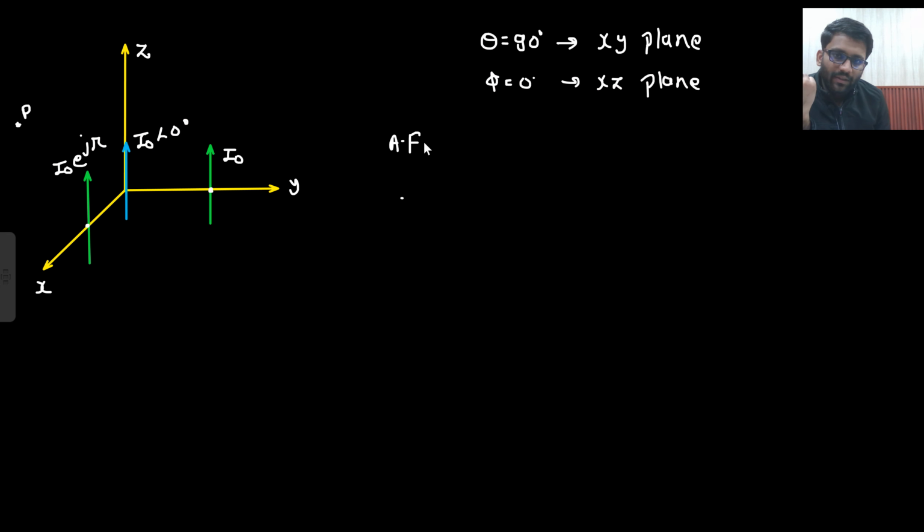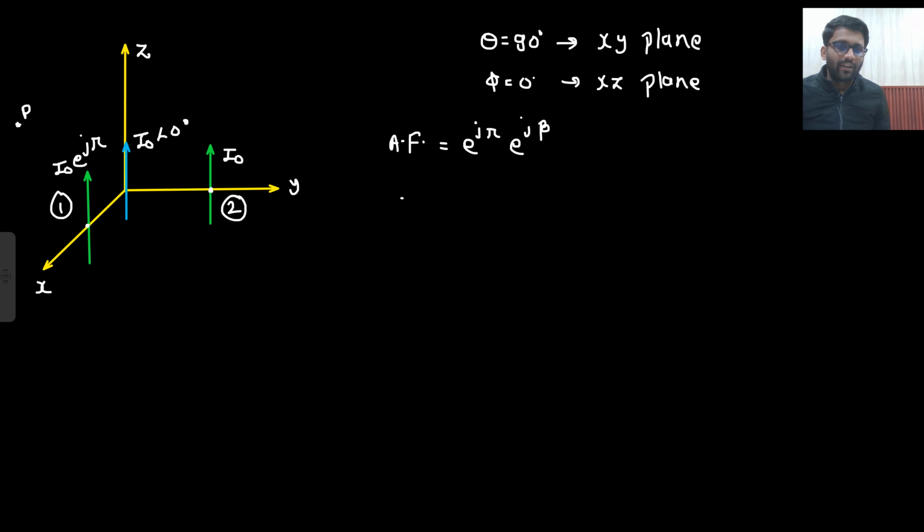My array factor would be e to the power j. If I call this element 1 and this element 2, so e to the power j, how much lead is this current having with respect to the current at the origin? How much phase is this current having? Pi. e to the power j beta, from the origin towards antenna 1.